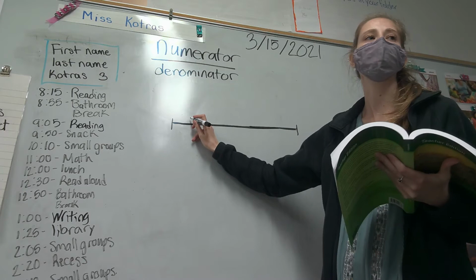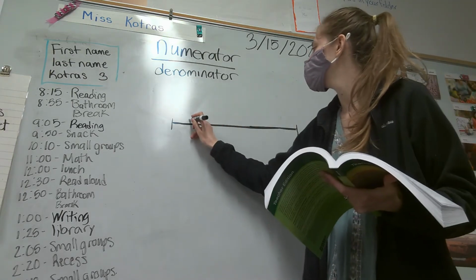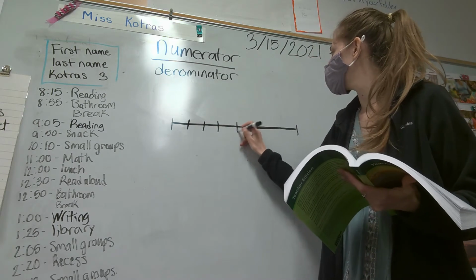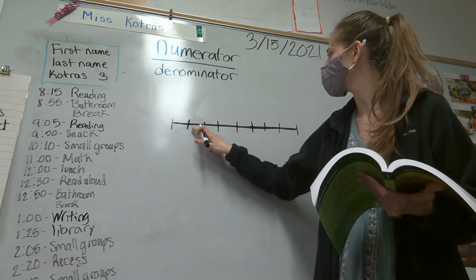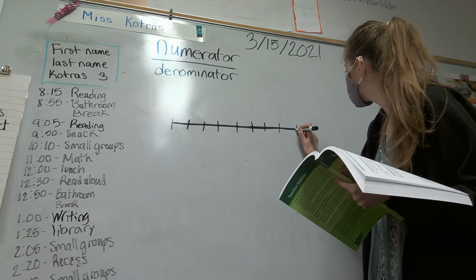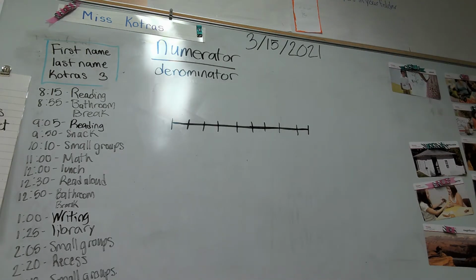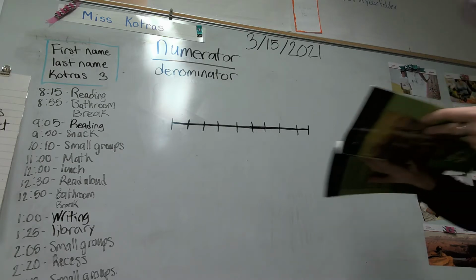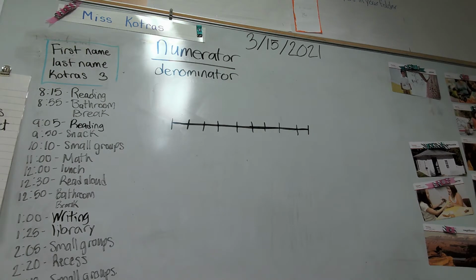So if I'm splitting it into 9 sections, how many lines am I going to draw? 8. So 1, 2, 3, 4, 5, 6, 7, 8. Oh, I need 9. I need one more. 9. The next part of the question says, one concrete slab is 5 meters long.